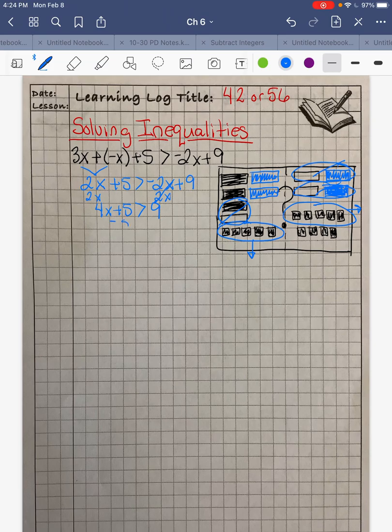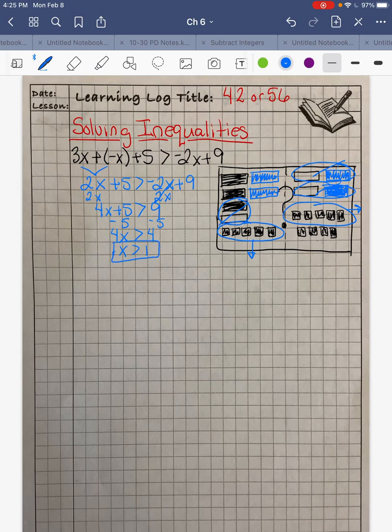So I'm going to subtract 5 from the left side and subtract 5 from the right side. And I get 4x is greater than 9 subtract 5 is 4. So there I am on my last step. I've got 4x on the left and 4 on the right. If I have 4x and 4, I can give every unit to an x and end up with x is greater than 1. And there's my solution.